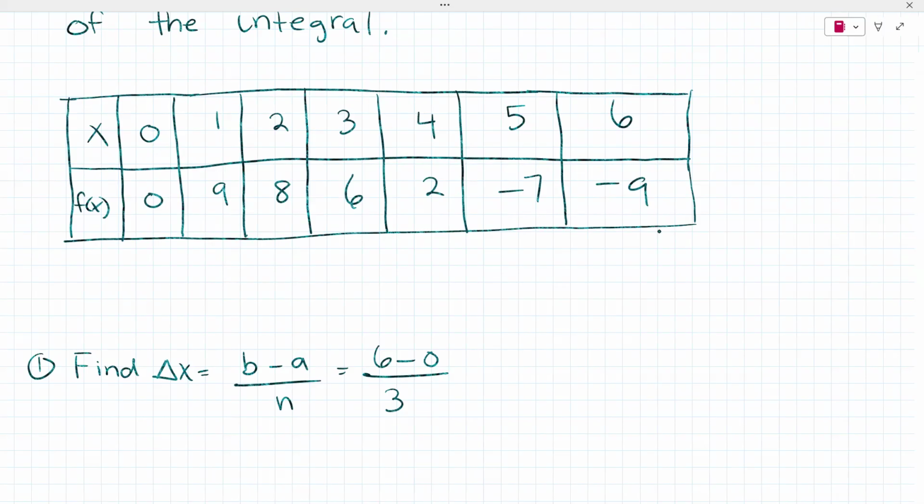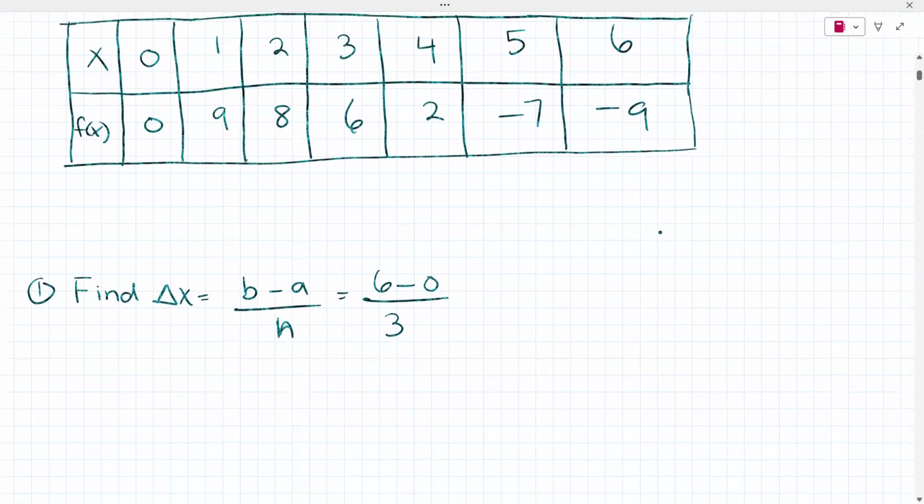Yes, it is definitely 3. So that's going to be 6 minus 0 over 3.